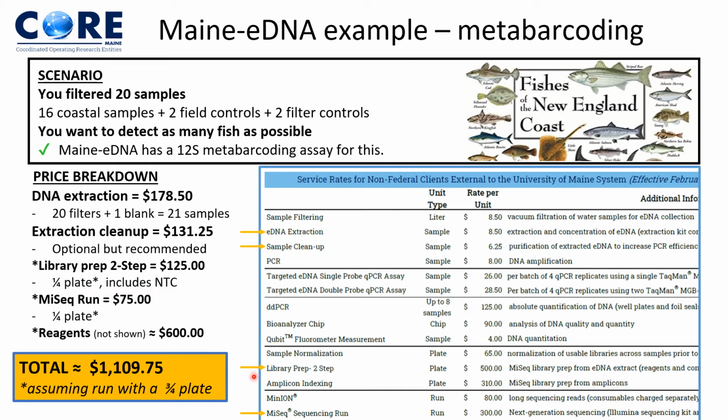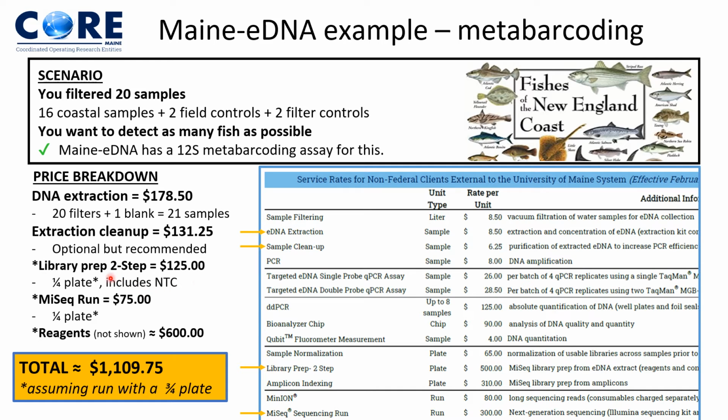If you go down here, their library prep 2-step process costs $500 a plate. A plate, by the way, is 96 samples. Now the Maine eDNA core will split plates, so you can pay, for example, half a plate if you only have 48 samples, or in our case, we only have 21 samples plus a couple of controls, so a quarter of a plate. Not all labs are going to split plates and things like that, so it's important to see if they do.